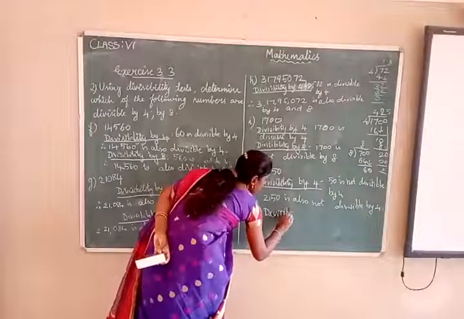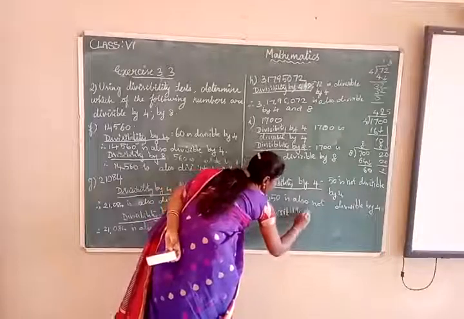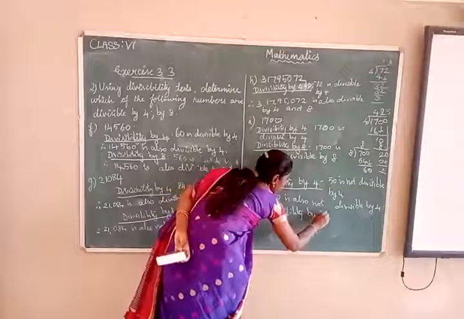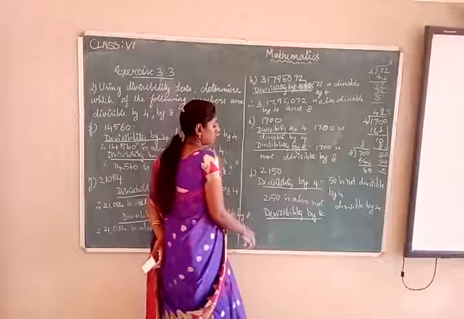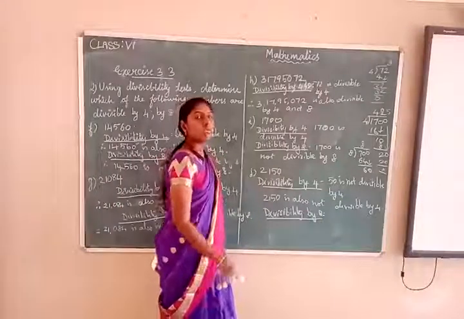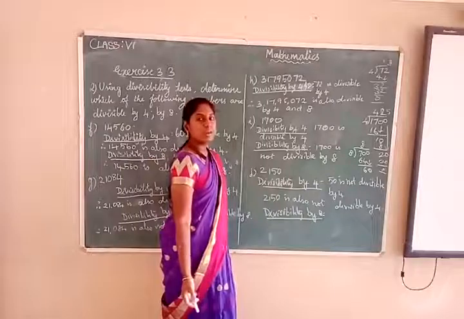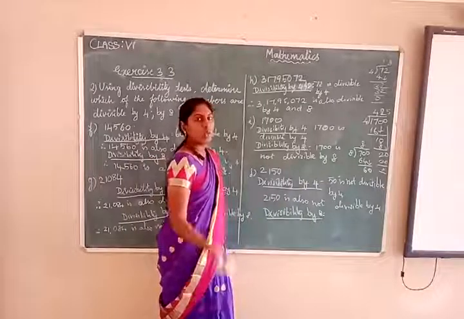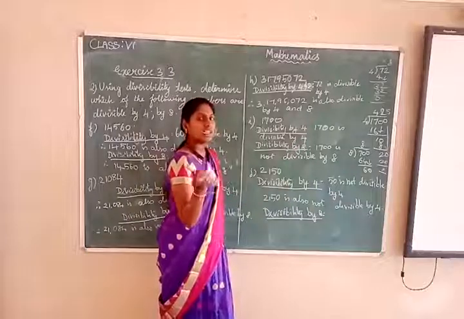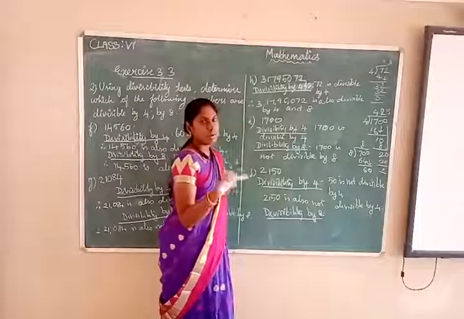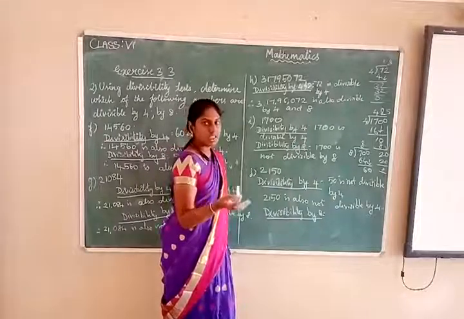Divisibility by 8. Okay. So how can you write this? How can 150 be divisible by 8? 160 is divisible by 8 because 8 into 20 will give you 160. But 150 is not divisible by 8. Is it clear?